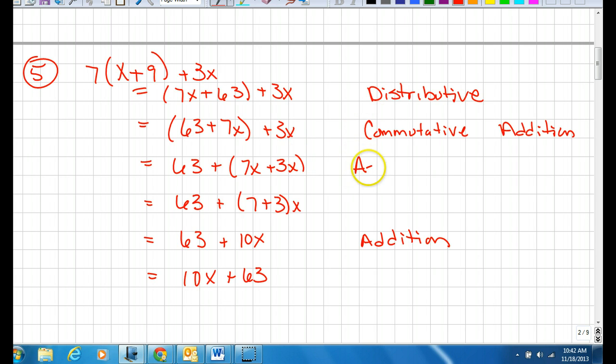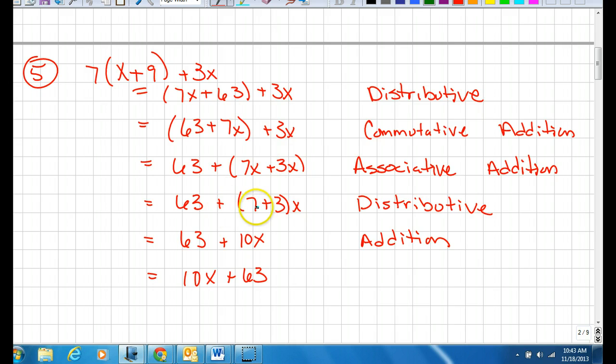So this is associative of addition. Okay? What happens in the next one? This one's a little tricky. Yeah, it's actually a reverse distribution. We're factoring out the x, but that's the same property. It's just going backwards.